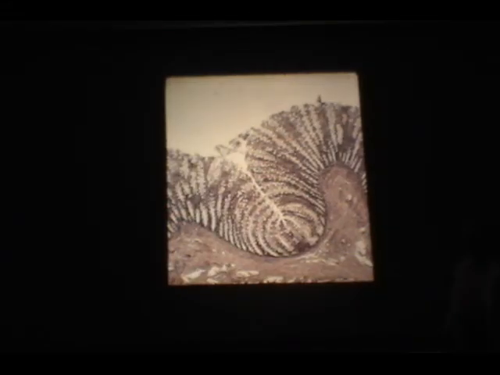Next. This is the colon, and you can see there are no villi, but there are these deep crypts, and all of these cells that look blank are goblet cells because the mucus has not been well preserved or stained. Notice how much mucus there is there. The next.